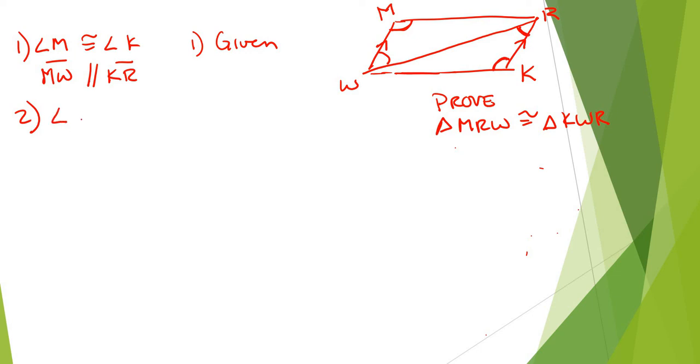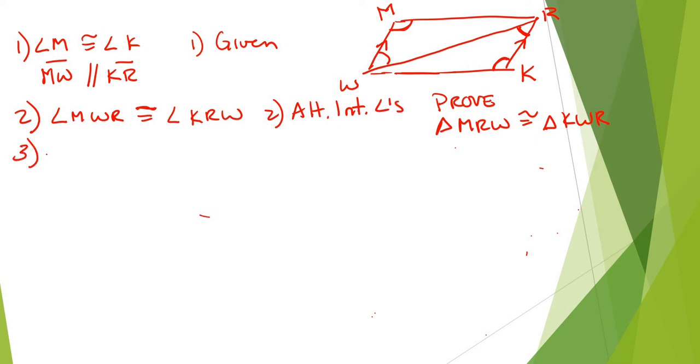So angle MWR is congruent to angle KRW, and my reason for that is the alternate interior angles theorem. So now I've got angle, angle, and I should make that a double so that I can distinguish between my two sets of congruent angles.